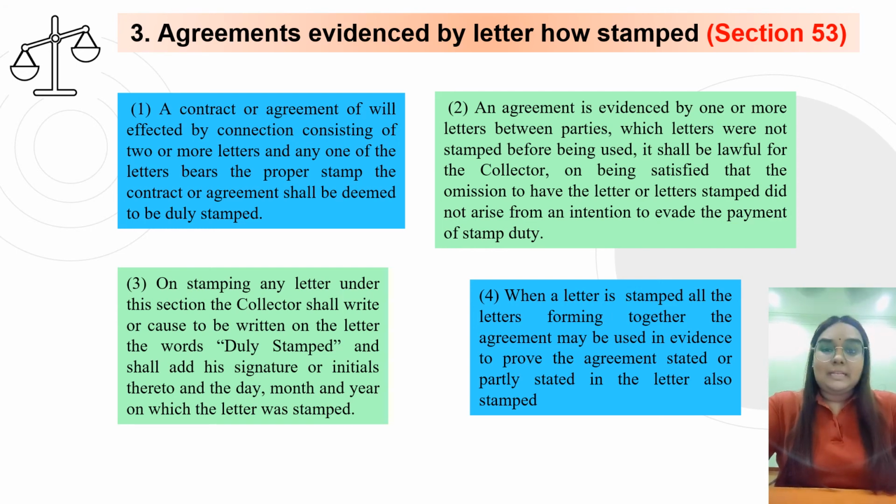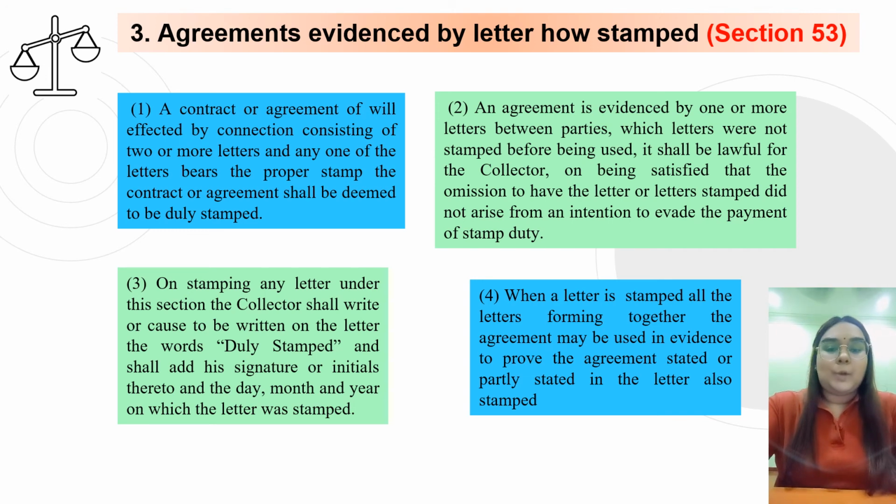and the letters were not stamped before being used, it shall be lawful for the collector, on being certified that the omission to have the letter or letters stamped did not arise from an intention to evade the payment of stamp duty, to stamp them.